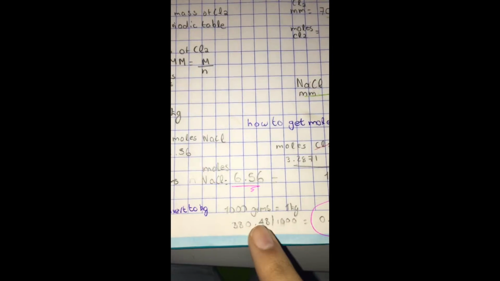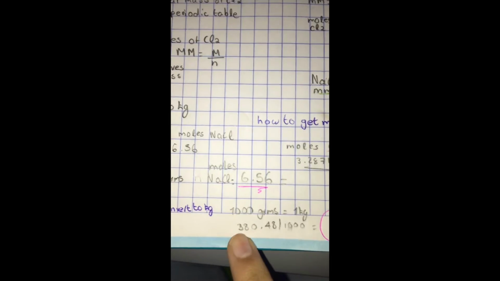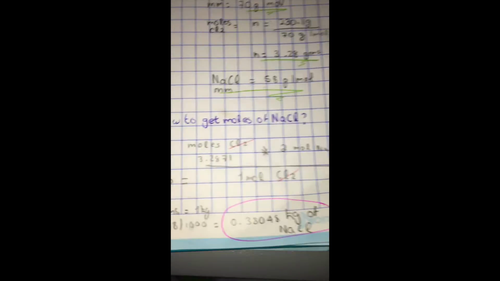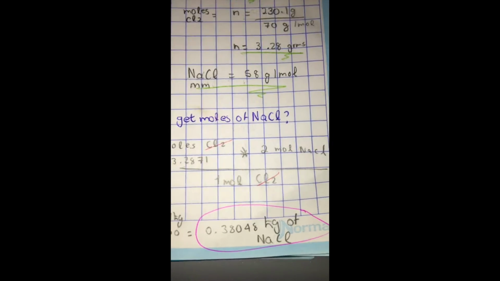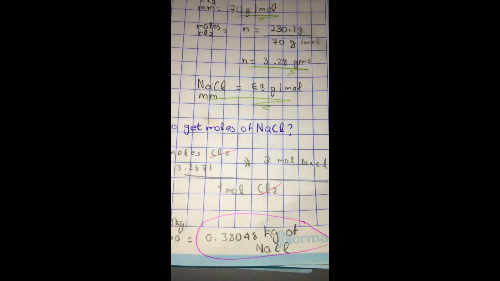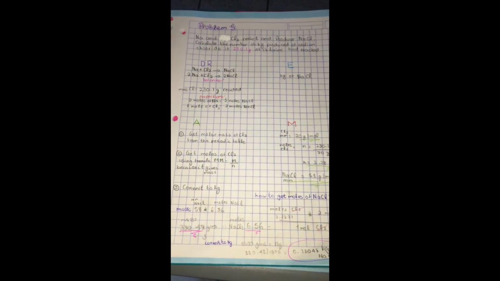We have that 1,000 grams is 1 kilogram, so we divide 380.48 by 1,000, and we get that we need 0.38048 kilograms of NaCl. And this was our problem 5. Thank you.